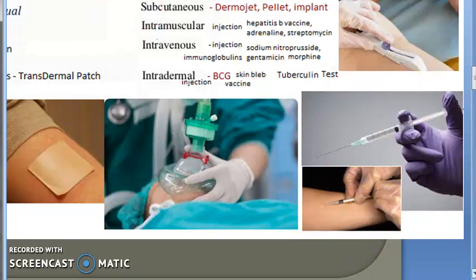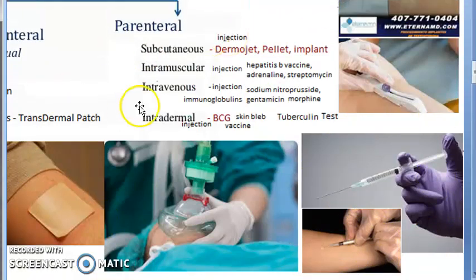Now, why do you think they choose parenteral route of drug administration? Because here, there is 100% bioavailability, especially intravenous. You can give it in emergency, you can give it in comatose patients. The liver is bypassed.